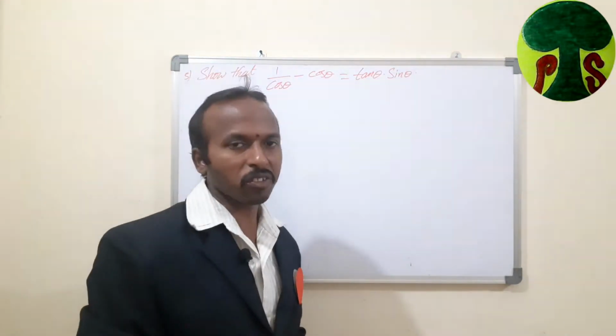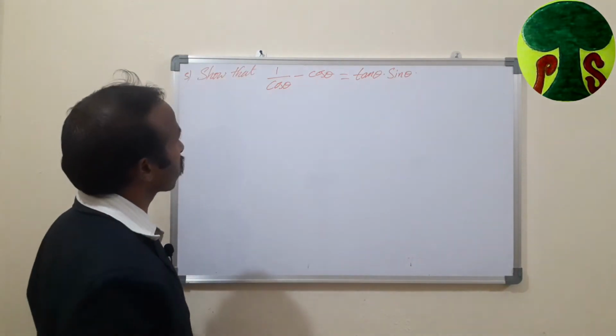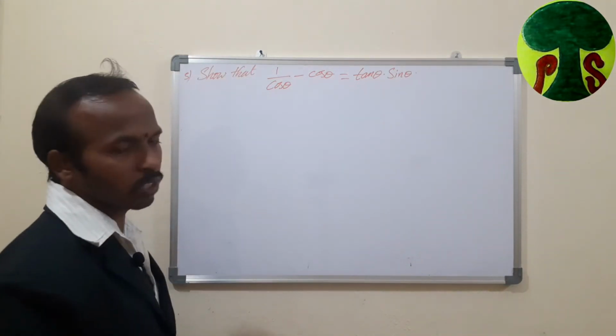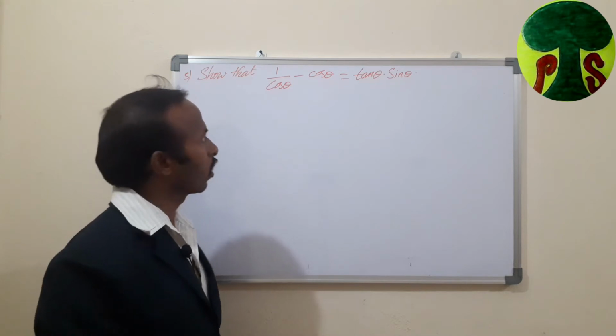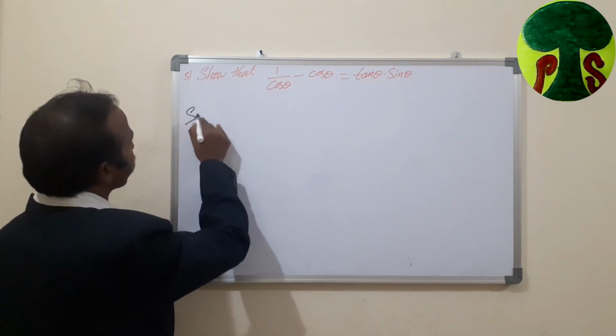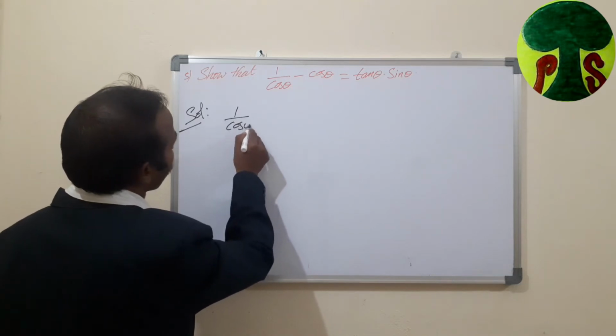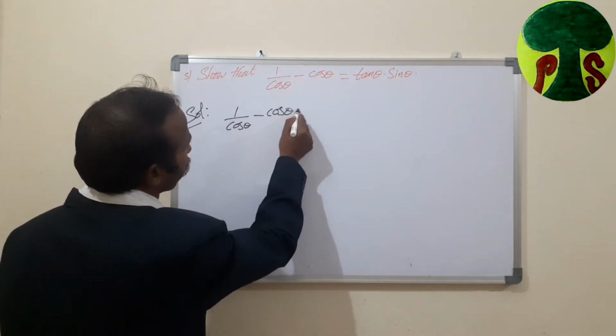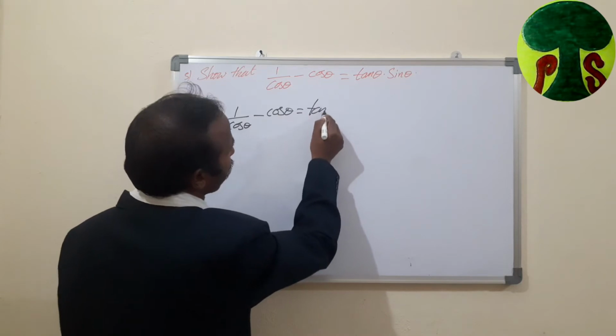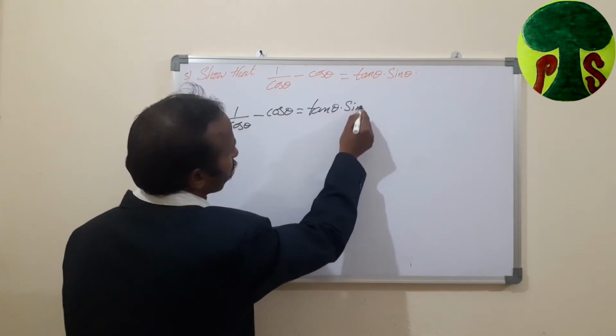Next question is on the screen. Show that 1 by cos theta minus cos theta equals tan theta into sin theta. Let's see the solution. Consider the data: 1 by cos theta minus cos theta equals tan theta into sin theta.